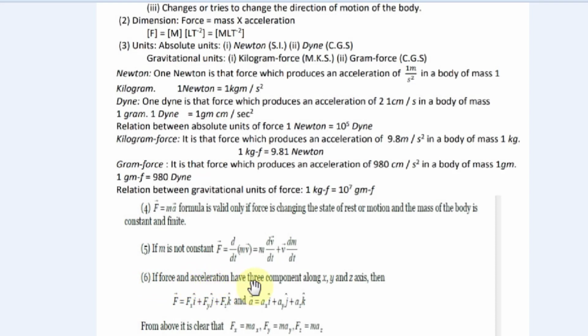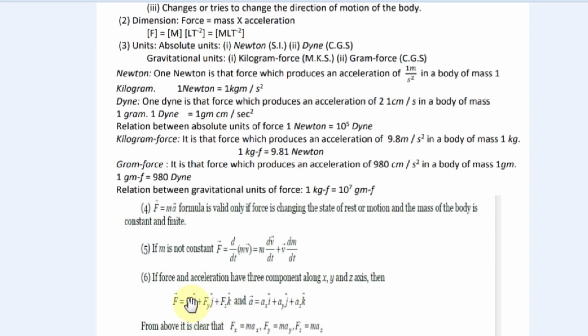Next, the sixth one: force and acceleration have three components. Of course, force and acceleration are vector quantities. Suppose it is having three components along the x-axis, y-axis and z-axis. Then how to write it down? That time, F vector is equal to Fx i cap plus Fy j cap plus Fz k cap.